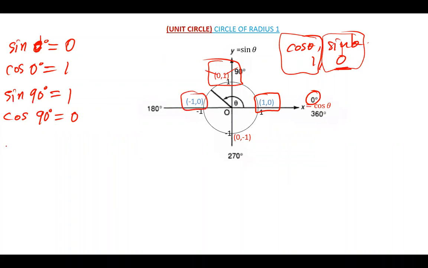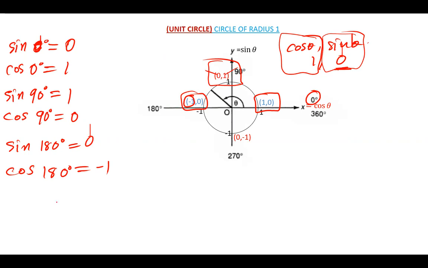You do the same. If they ask you to find sine 180 degrees, it will simply be 0, then cos 180 degrees will simply be -1. So it's a very important circle that will help you to find some of the solutions to trigonometric ratios.